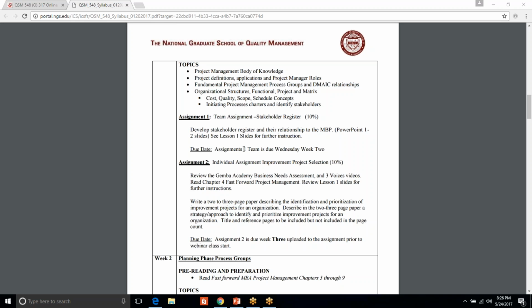I have put the dates and the time when assignments are due in the coursework. I've opened up the first two weeks already, this week and next week's assignments. I'll get through weeks 3, 4, and 5 over the next week or so, and they'll all be there. So you can see how that works out. Assignment 2 is an individual paper.